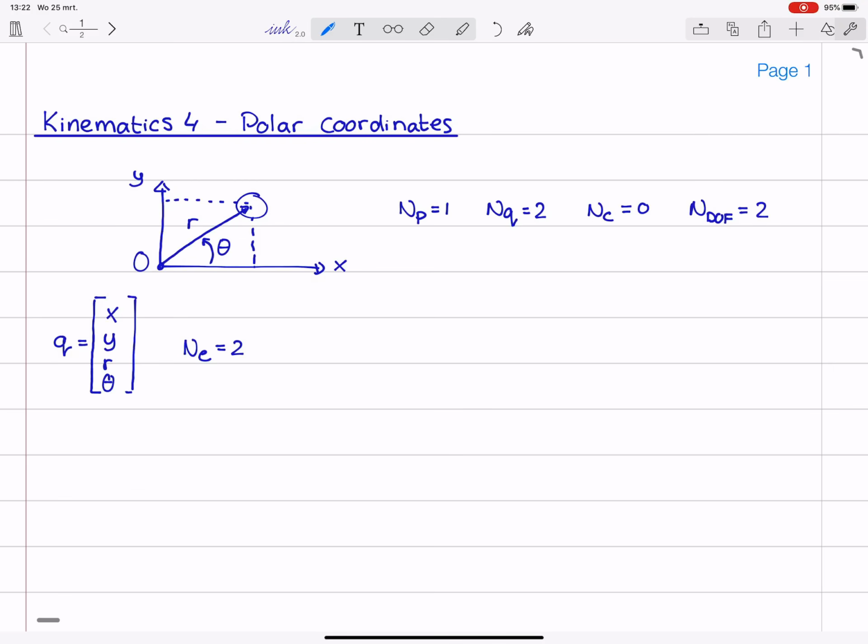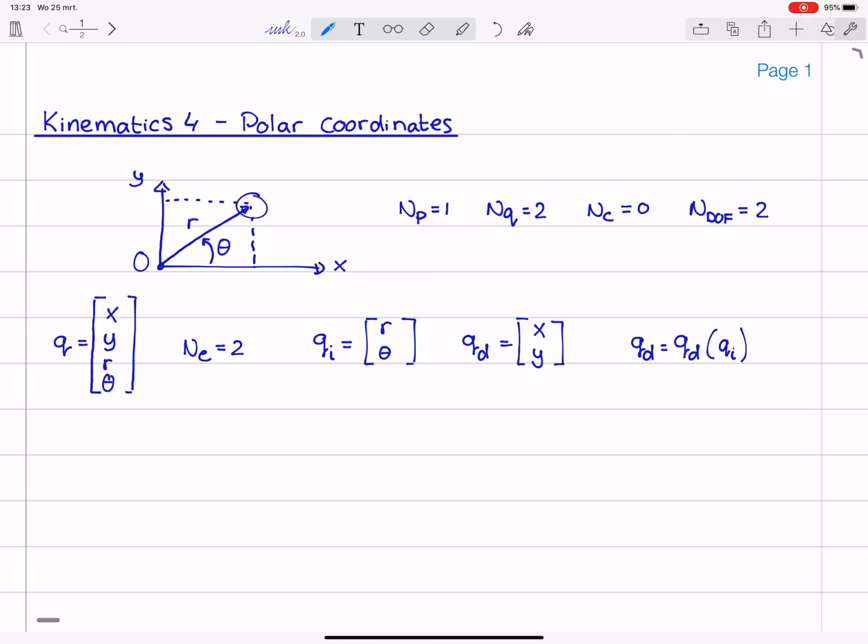So in this formulation, we will use as independent coordinates r and theta, and as dependent coordinates, we will use x and y. And the question is, how do we express the dependent coordinates as a function of the independent coordinates? So that is our first challenge.